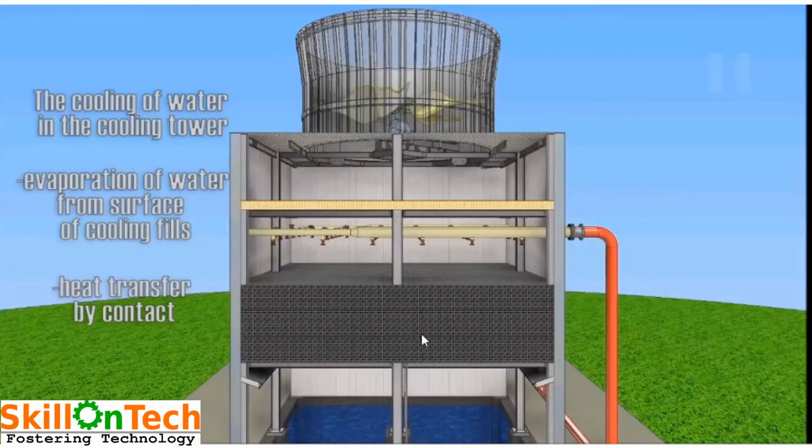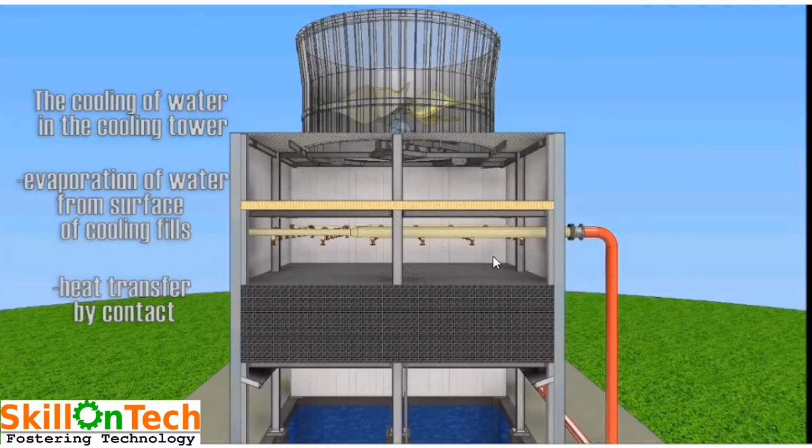Here you can see these are the PVC fills. So these PVC fills are molded and corrugated for increasing the surface area of the heat exchange area. The thickness of the sheet of PVC fills is generally 0.2 to 0.3 mm.